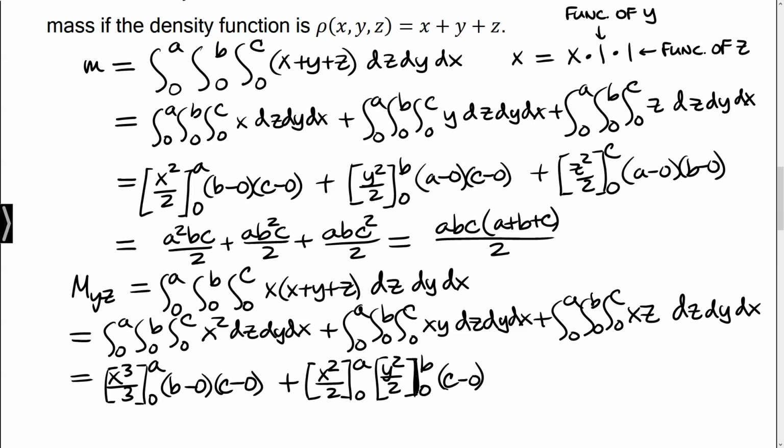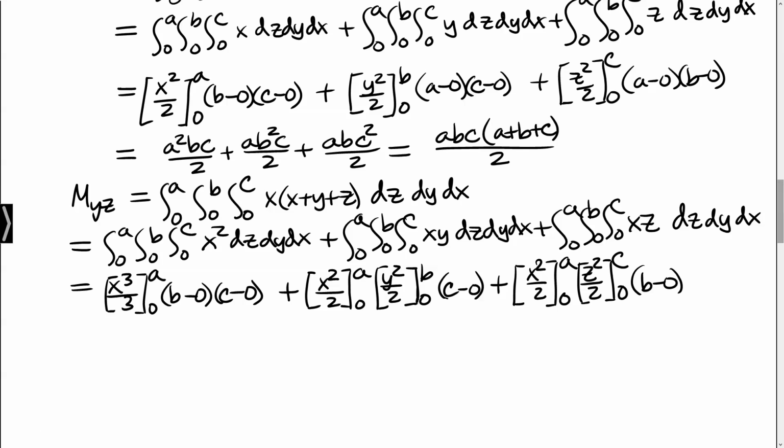And then the last term is very similar to the second one. Again, we've got x squared over 2 from 0 to a. But now it's z squared over 2 from 0 to c, and times b minus 0, because our function of y is 1 now.